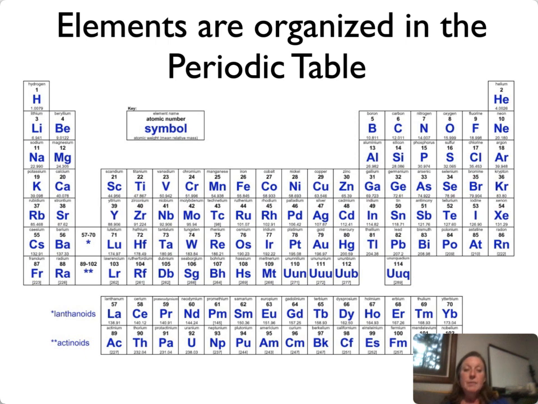Now, all of the elements that we know of so far are organized into what's called the periodic table of the elements. Periodic means that there's a repeating pattern. And what we see in terms of the elements is that there are differences as we move from left to right across the table.